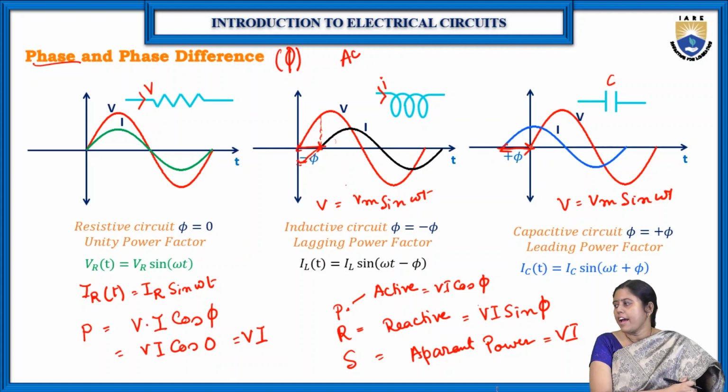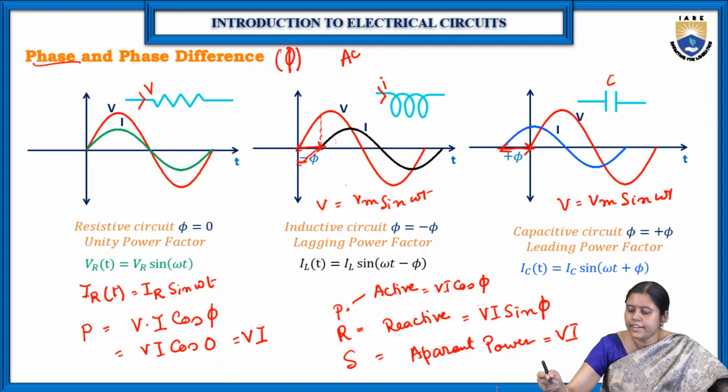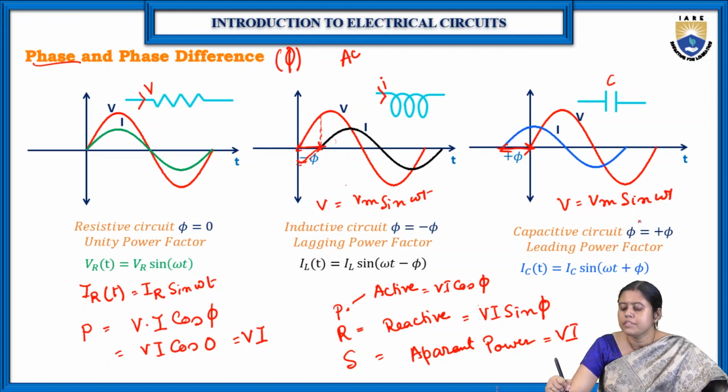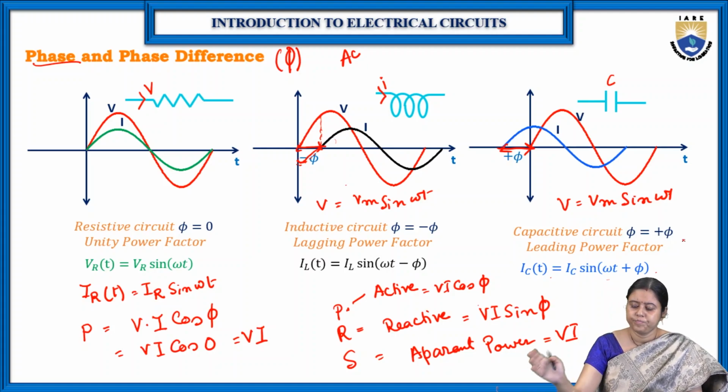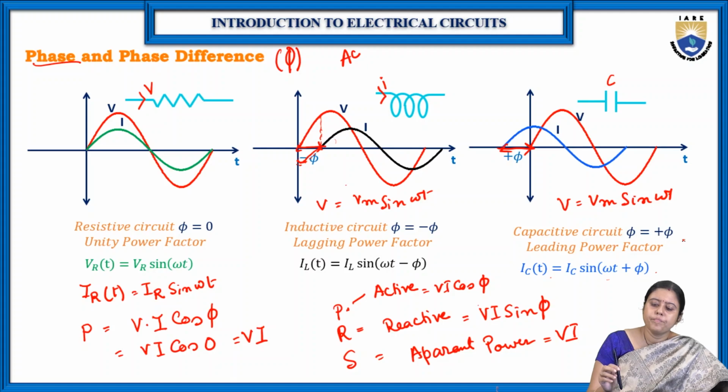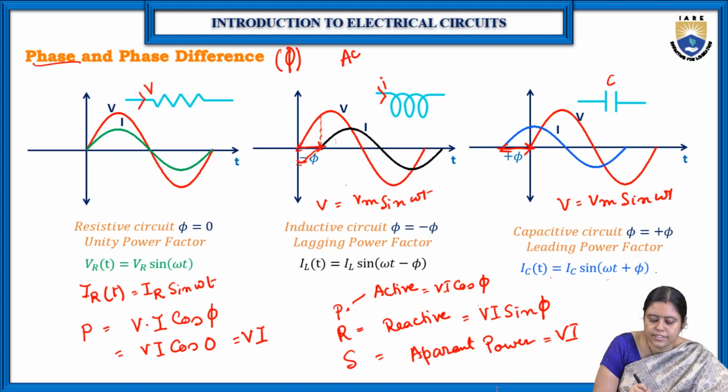So we can write V is equal to Vm sin omega t and IC is equal to Im sin omega t plus phi.